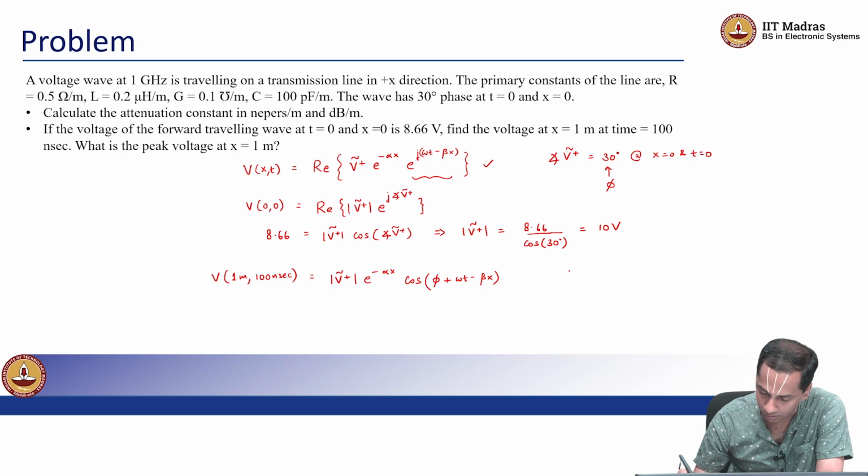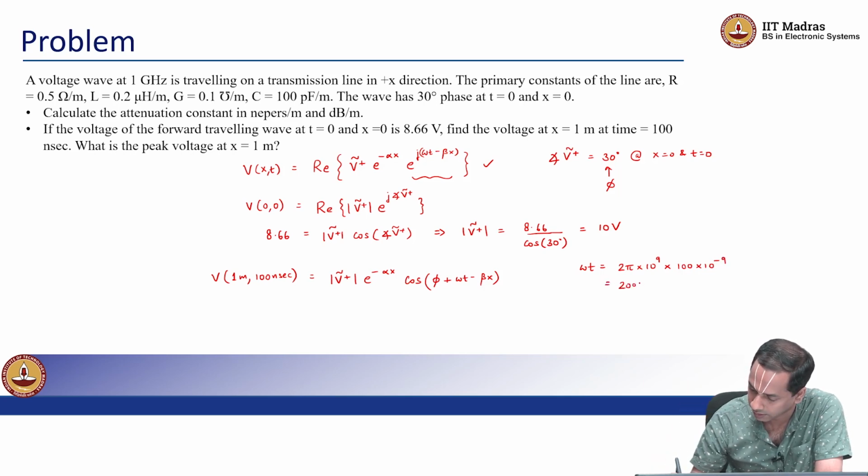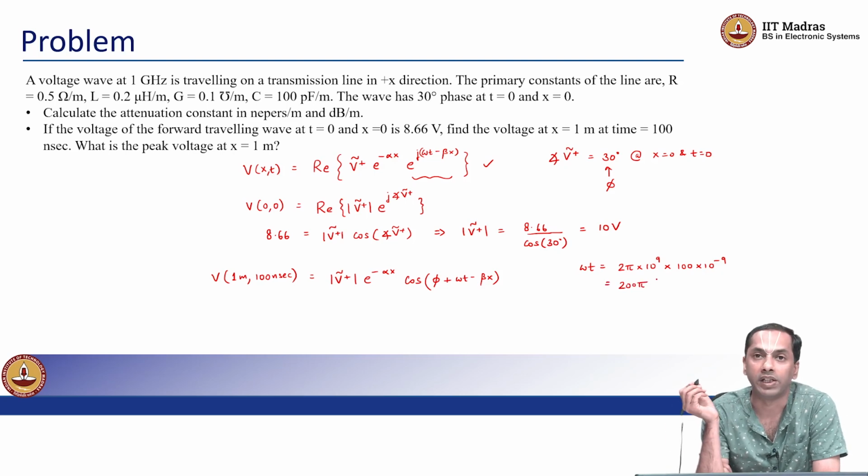Okay, so let's calculate omega t. So this is 1 gigahertz, so 2 pi times 10 to the power 9 hertz multiplied by 100 nanoseconds, that is 10 to the minus 7 seconds. So this is about 200 pi. That's convenient, right?